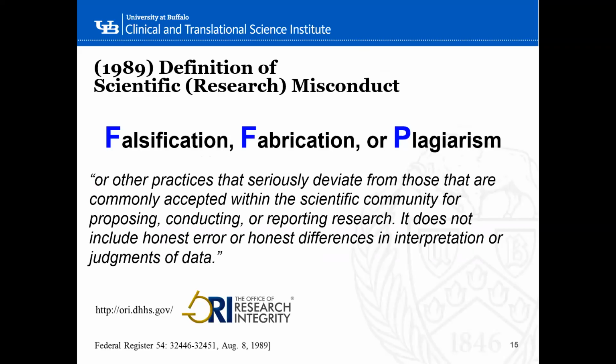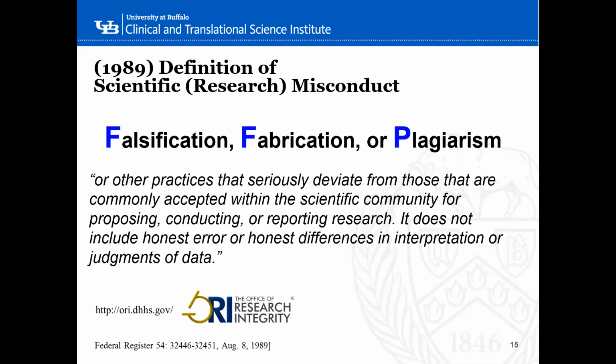And in 1989, the first definition of scientific or research misconduct was put forward by the Office of Research Integrity, federal government, and it was falsification, fabrication, or plagiarism, or other practices that seriously deviate from those that are commonly accepted within the scientific community for proposing, conducting, or reporting research.